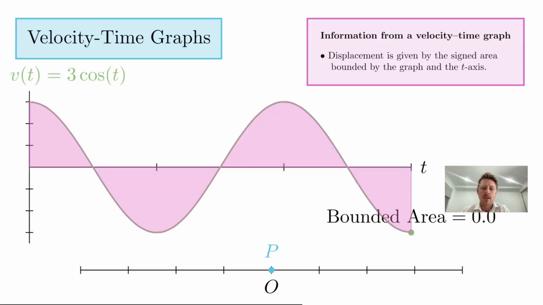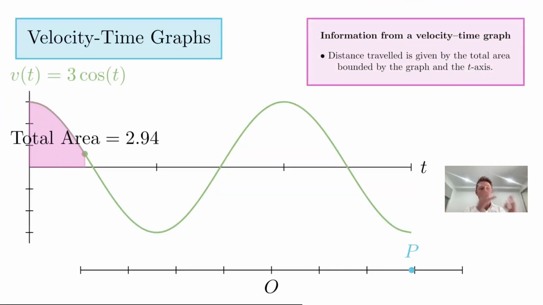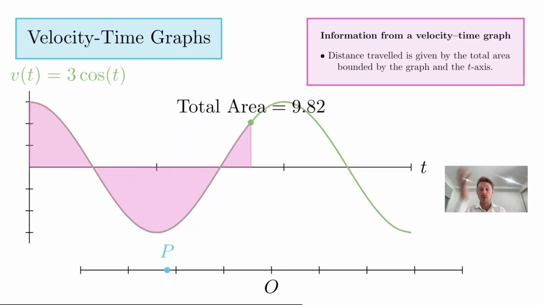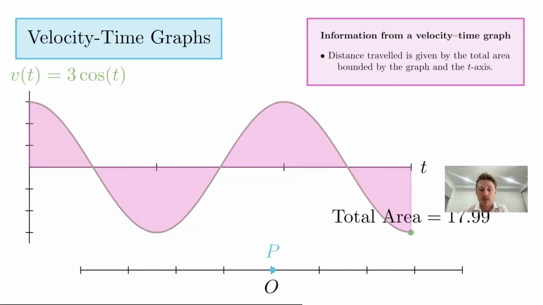Anyway, the last thing to say is really interesting. If we don't take the bounded area, so we're not taking the signed area, the plus and negative parts, we're just taking the total area now. We can see that the total area that it's traveled is essentially 18, whatever the units are, meters, centimeters. So you've traveled 3 meters to the right, then you travel 3 meters back to the origin, and then here you go.